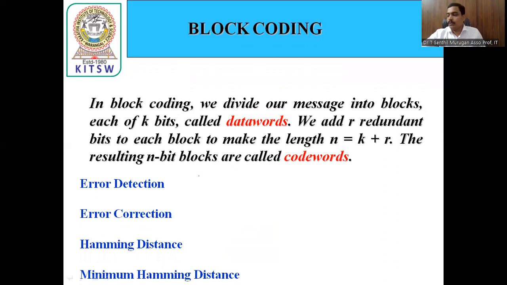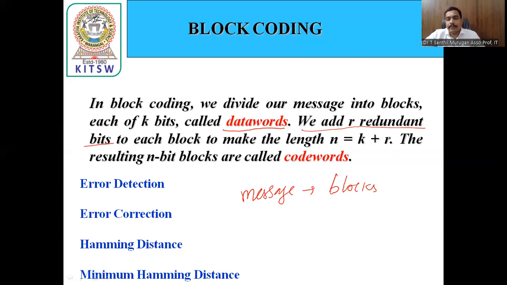The entire message will be split into blocks, and the number of blocks depends on our protocol. Those blocks are considered the data words. We add r redundant bits, which are extra bits.